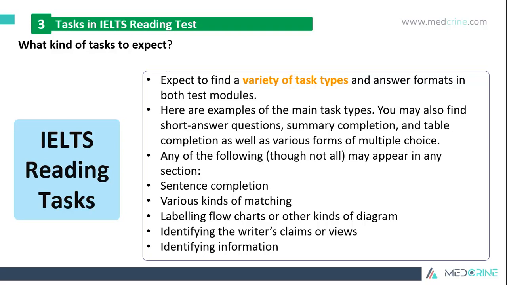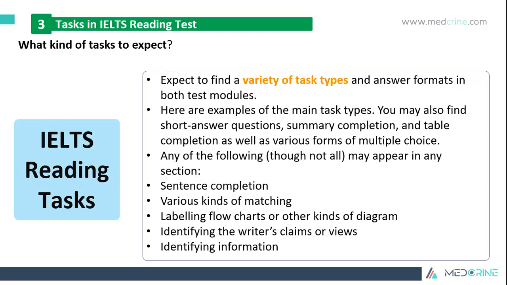In the IELTS reading test, expect to find a variety of task types and answer formats in both the test modules, academic and general training. Here are examples of the main task types that you find in IELTS reading. You may find short answer questions, summary completion questions, table completion as well as various forms of multiple choice.